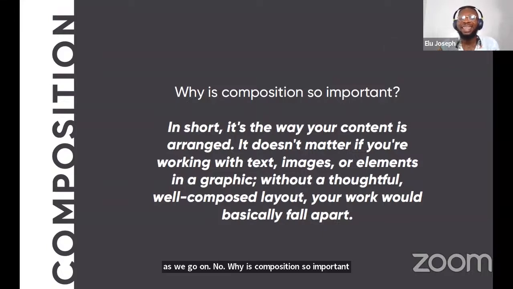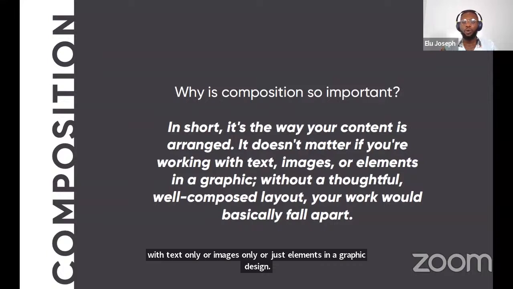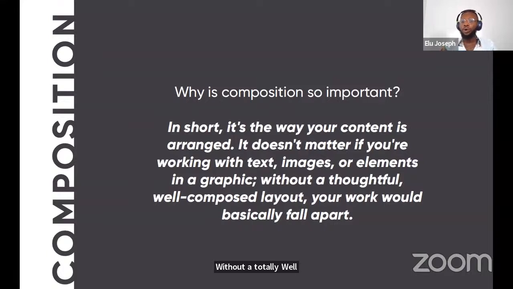In short, it is the way your content is arranged. I just mentioned that. It doesn't matter if you're working with text only or images only or just elements in a graphic design. Without a thoughtfully well-composed layout, your work would basically fall apart like the dominoes that we saw yesterday, right? So you see how it is very important.